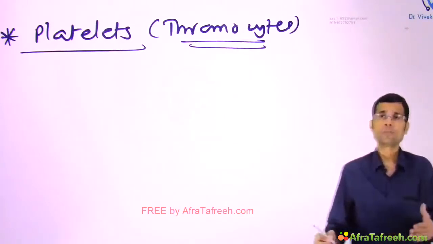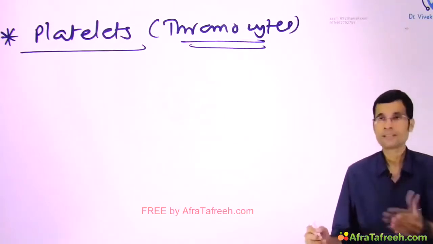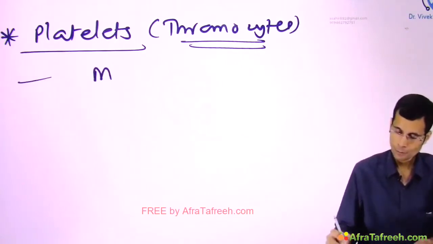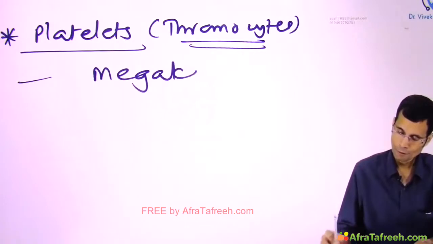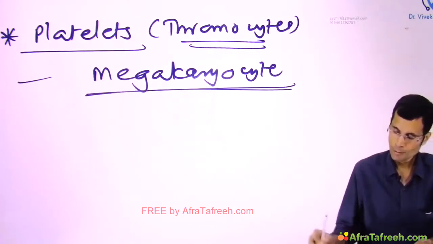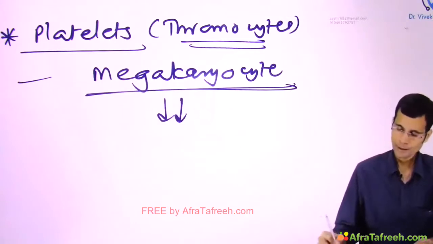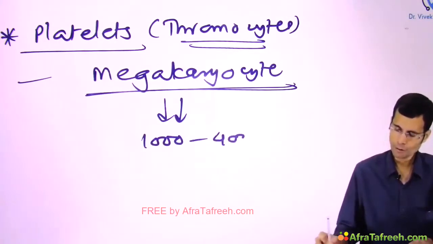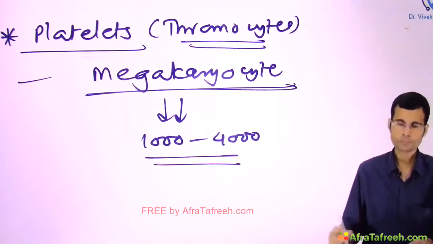It's formed in the bone marrow from, as we've seen, colony forming unit for megakaryocyte. So platelets are formed from megakaryocyte. One megakaryocyte can form somewhere between 1000 to 4000 platelets.